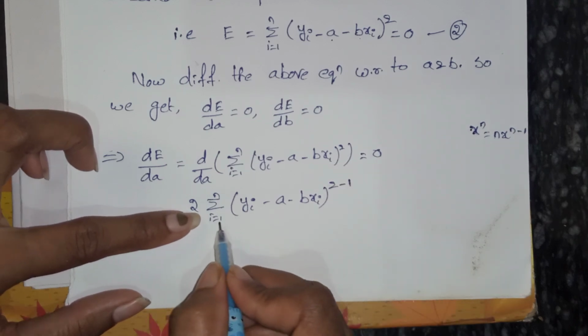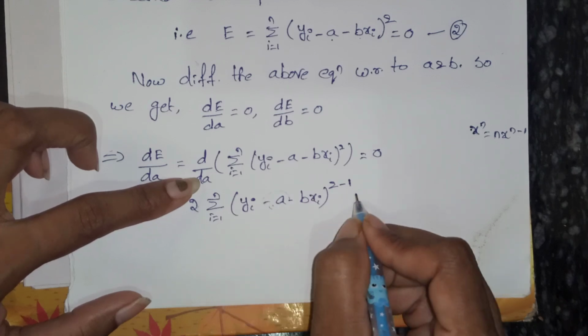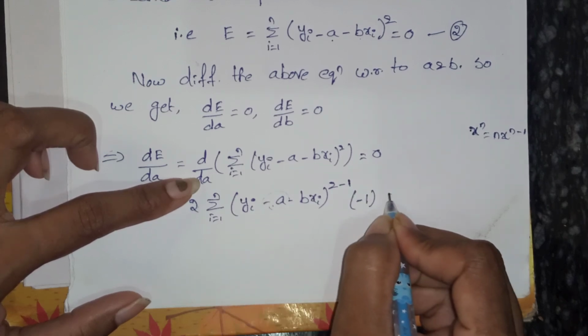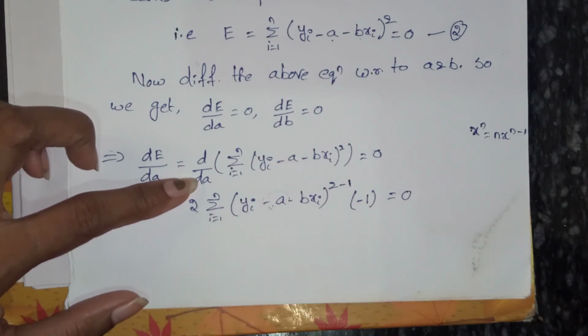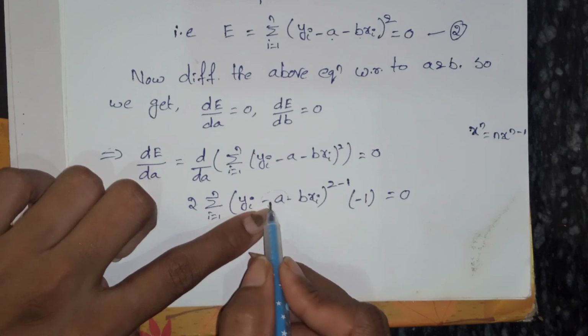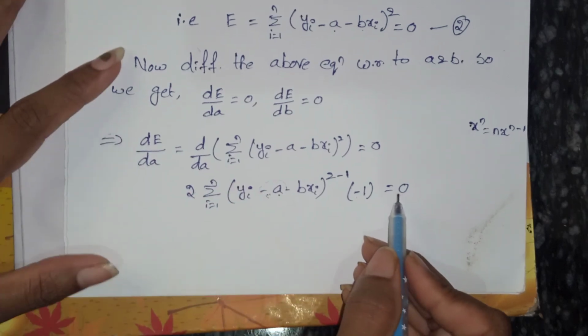We are differentiating with respect to a, so the coefficient of a is minus 1. Other variables we consider as constants; we differentiate only with respect to a.